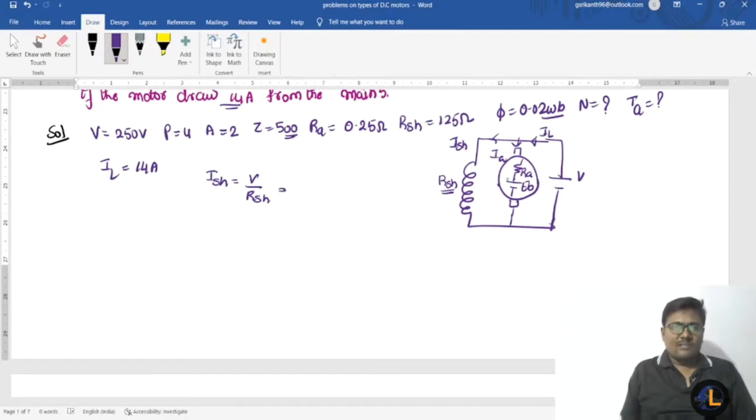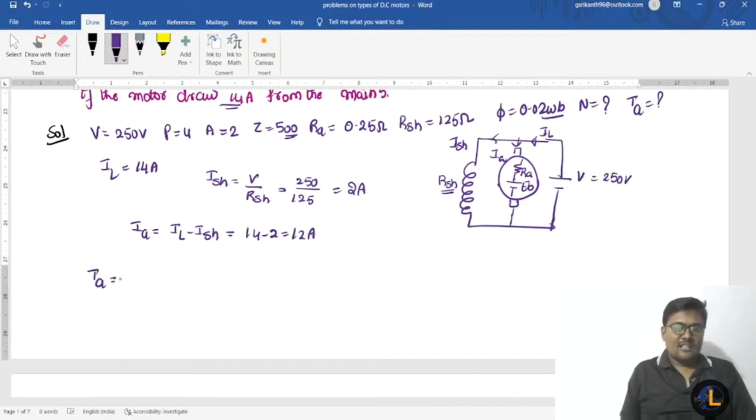What is V? Supply voltage is 250 volts. 250 divided by 125, that should be equal to 2 amperes. Ia is equal to IL minus Ish, 14 minus 2, that should be equal to 12 amperes.